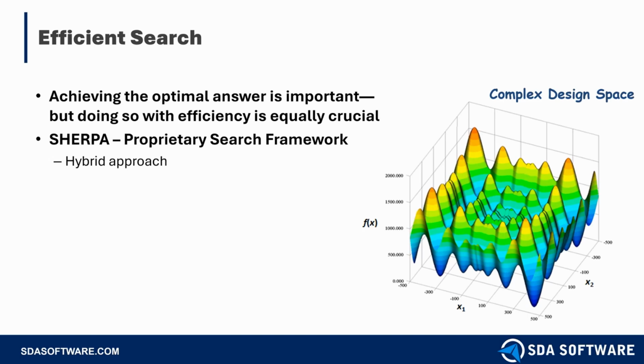So when it comes to a very complex design space like you see on the right, with a lot of peaks and valleys, SHARPA will search locally and globally throughout the search. So for example, if I find this local minimum, it doesn't get stuck there. It will continuously search until it finds the global minimum.